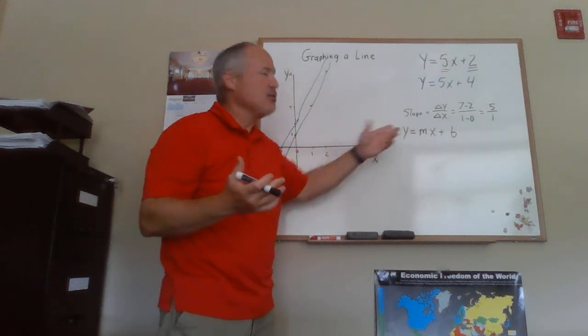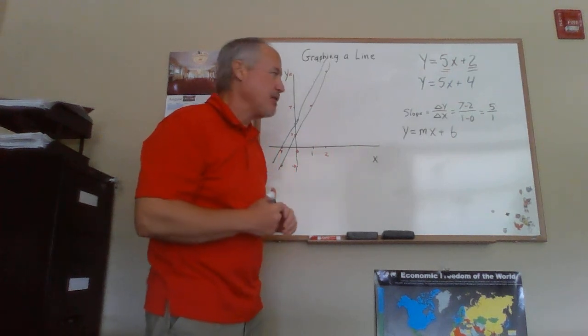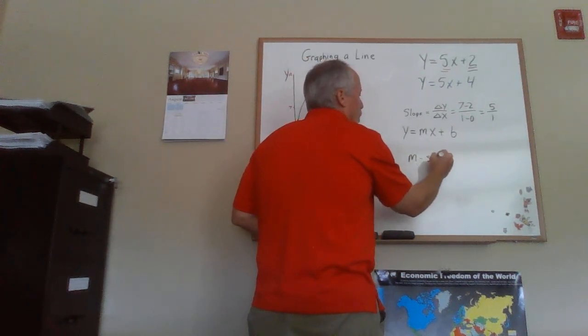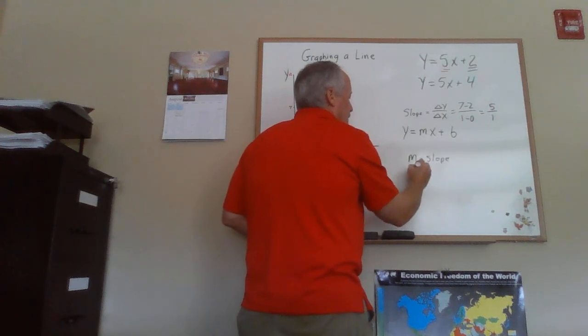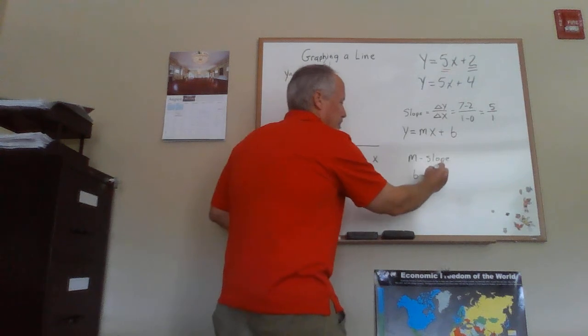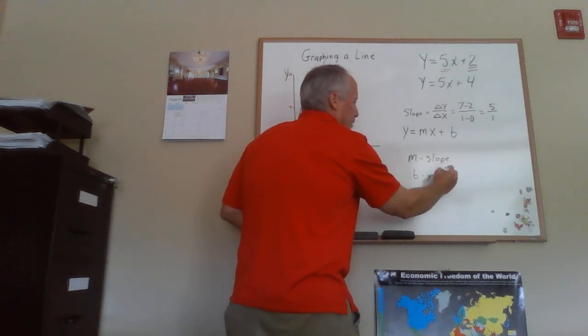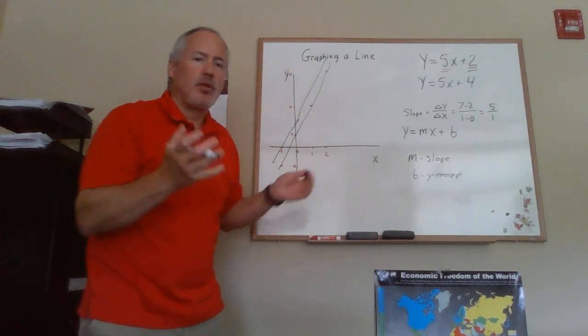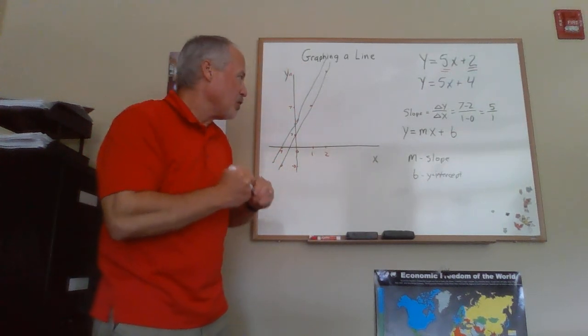Every line can essentially be written in this fashion, where m is the slope of the line and b is the y-intercept. So there we have it. That's a very general form.